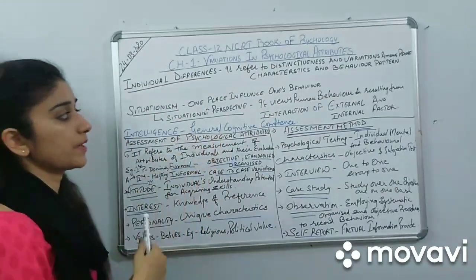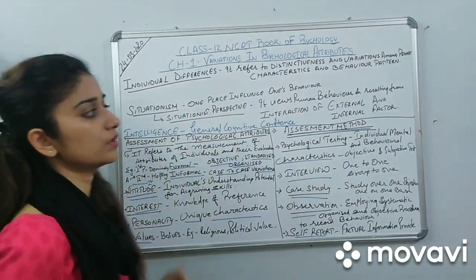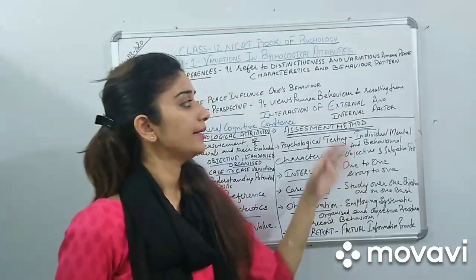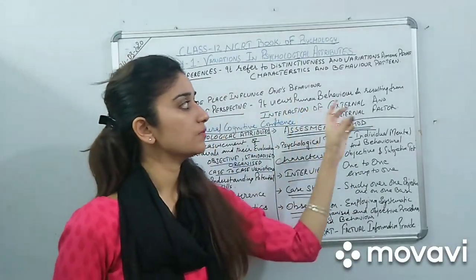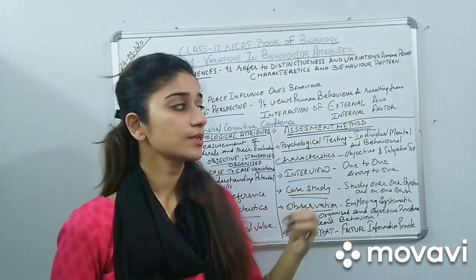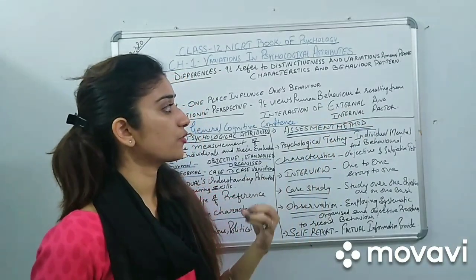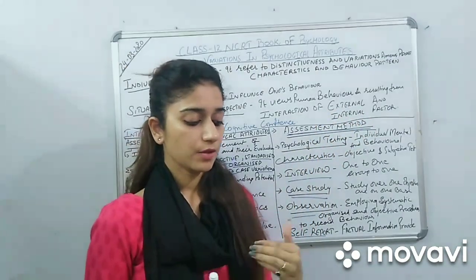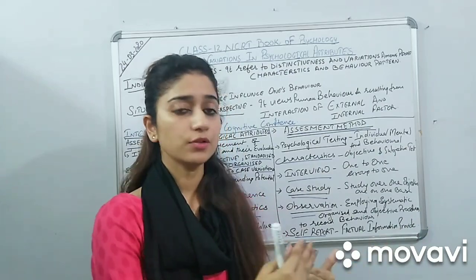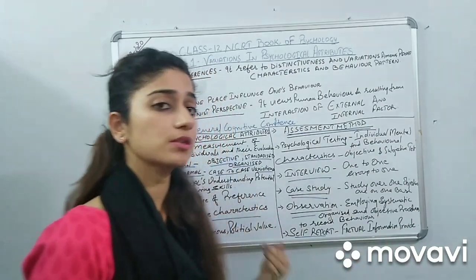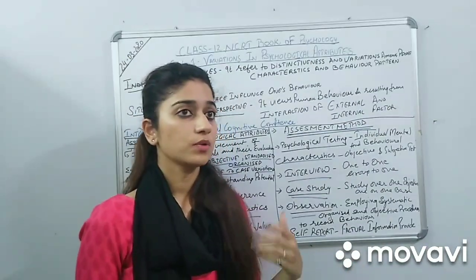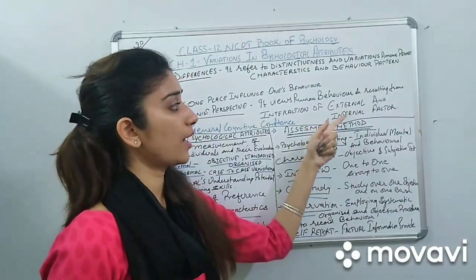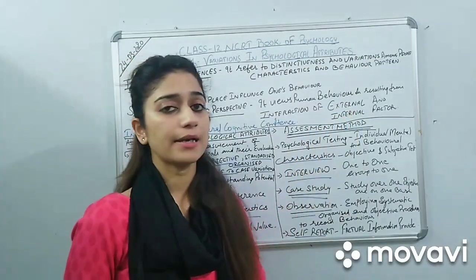Then the situational perspective is that human behavior results from interaction. Like when we talk with a person, during the interaction, how he is behaving is related to two factors, that is external and internal.